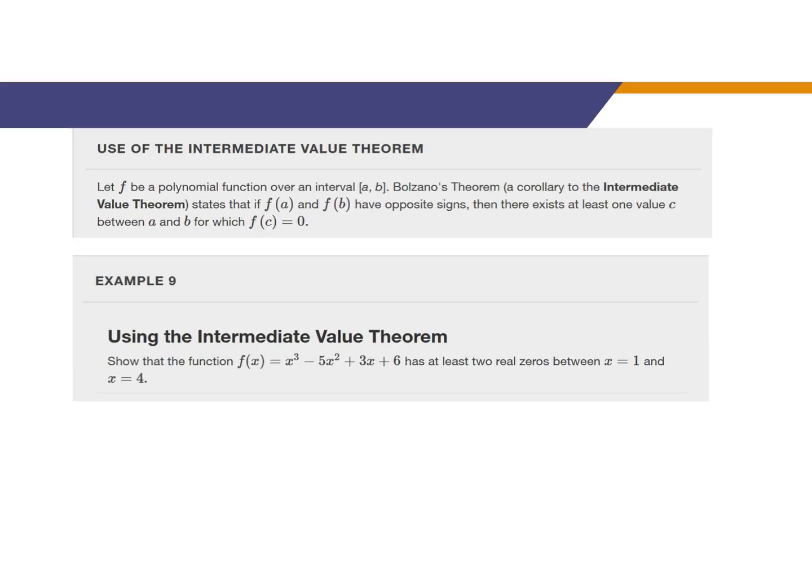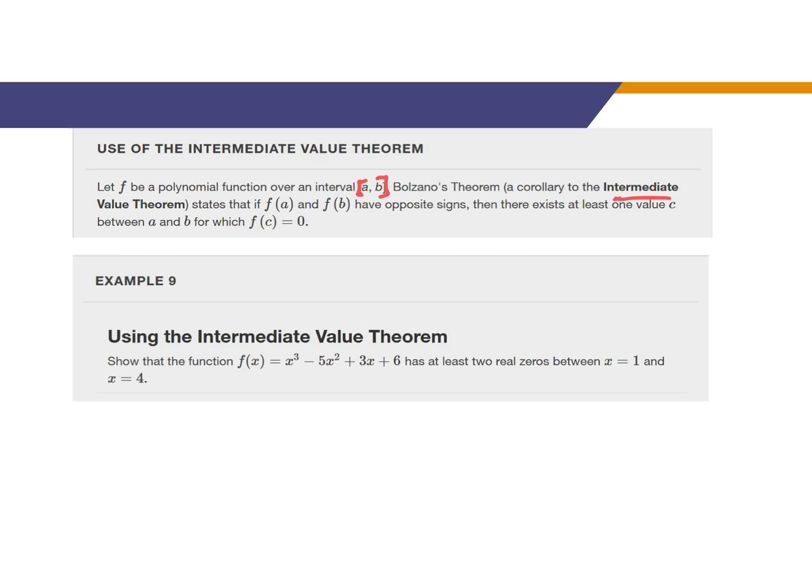Let f be a polynomial function over an interval a to b. Notice closed intervals? That means there were points, like I made. And they gave it a weird name here. Bolzano's theorem. I have never seen it as Bolzano. We call it the intermediate value theorem.